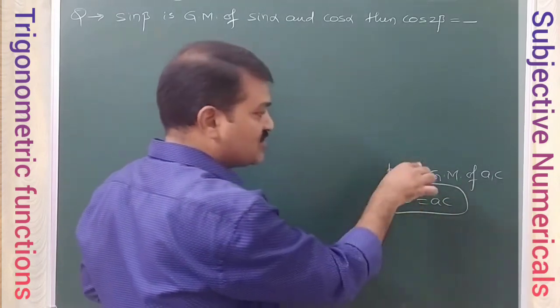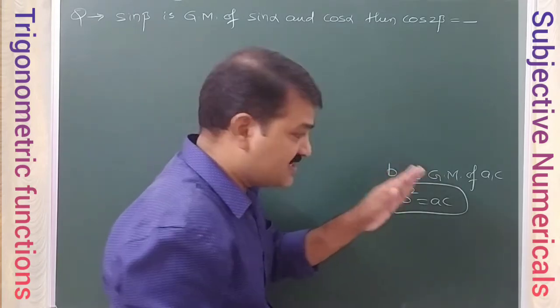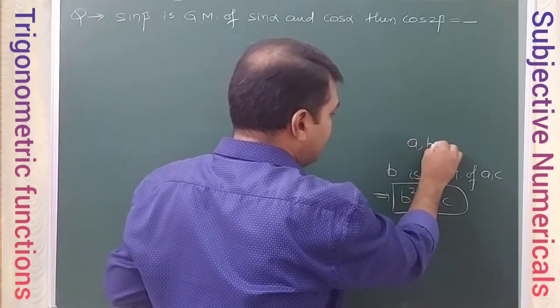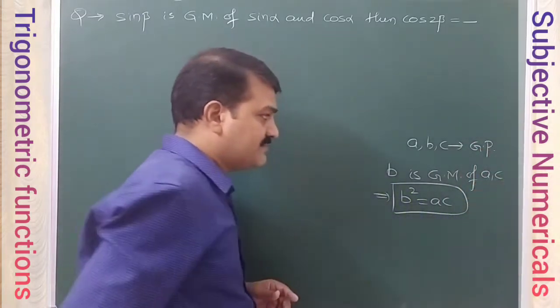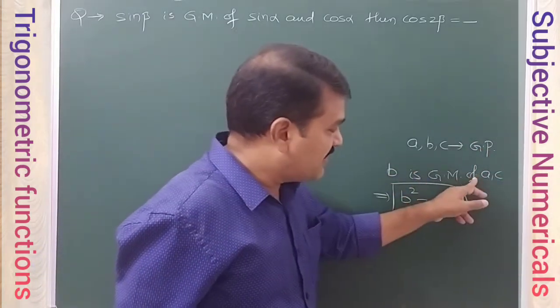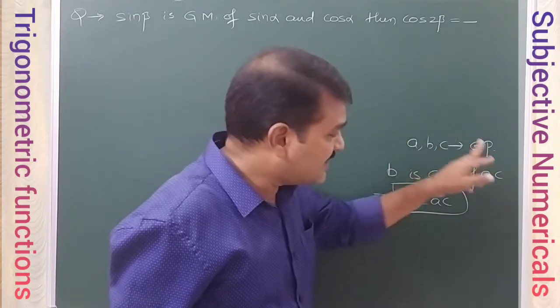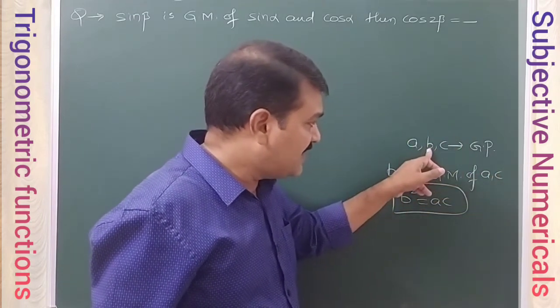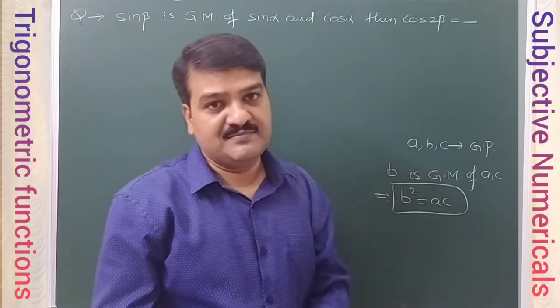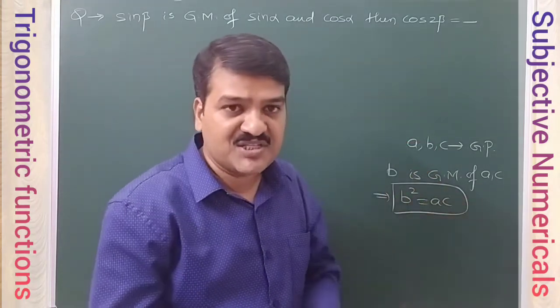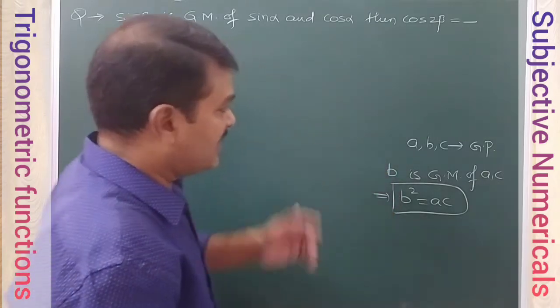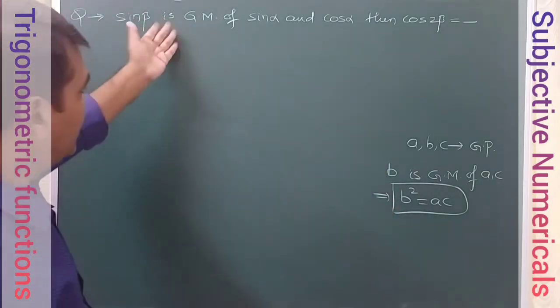Or, A, B, C must be in GP. That is the condition. B is the geometric mean of A and C means B inserted between A and C must form a GP. When these are in GP, B square is equal to AC is the condition, of course. So this is the condition we have to use here.